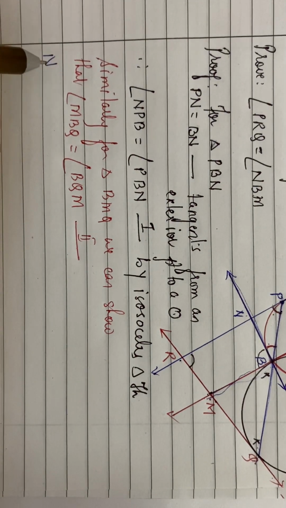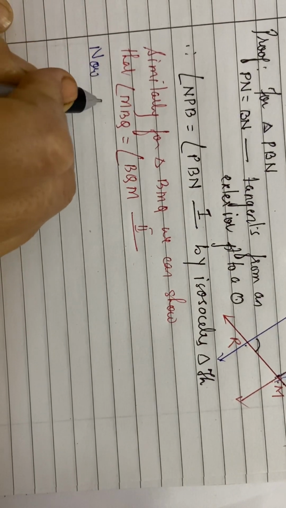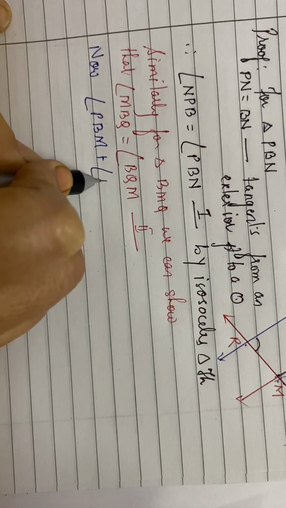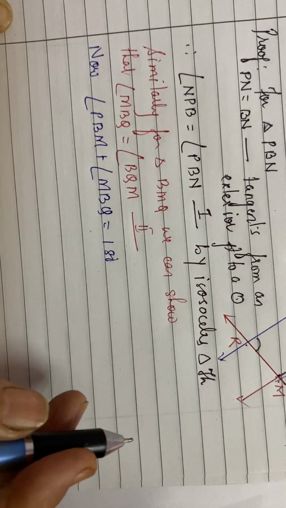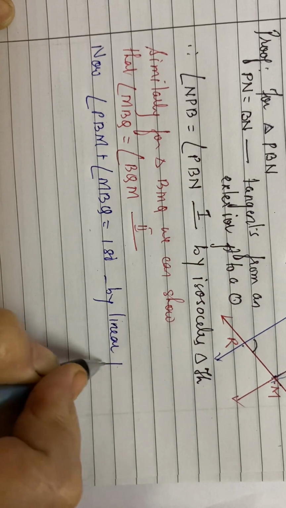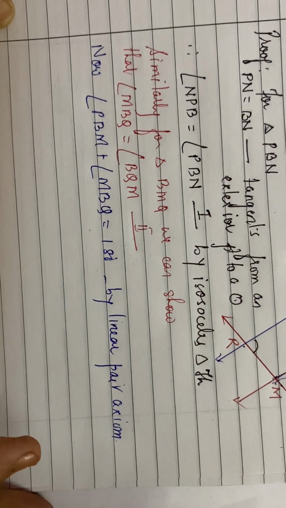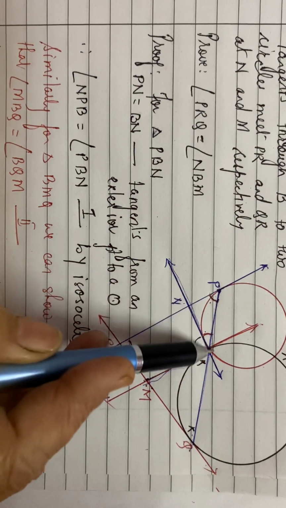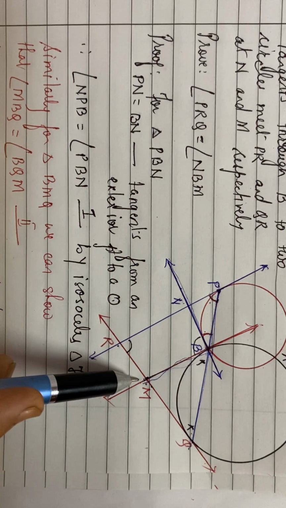Now, angle PBM plus angle MBQ is equal to 180, by the linear pair axiom. Sum of angles in a linear pair is 180. Come to this PBM. It is made up of two angles, PBN plus NBM.